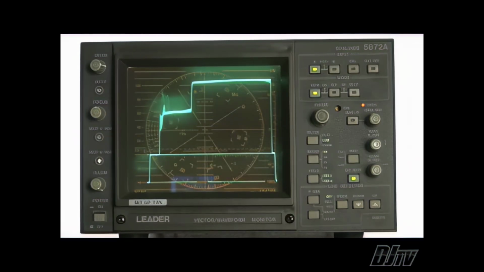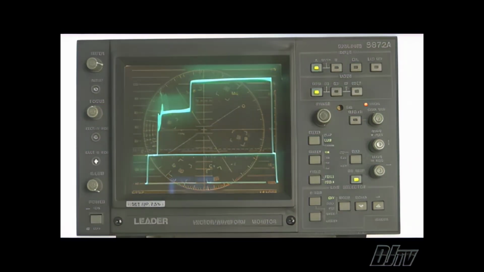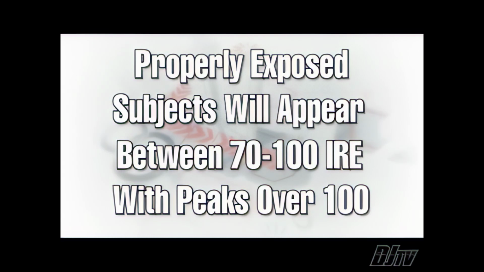What you want, of course, is a subject that is properly exposed, not too dark and not blown out. And we can see this very clearly and with absolute certainty on a waveform monitor. Properly exposed subjects will come in between 70 and 100 IRE with some transient peaks over 100.